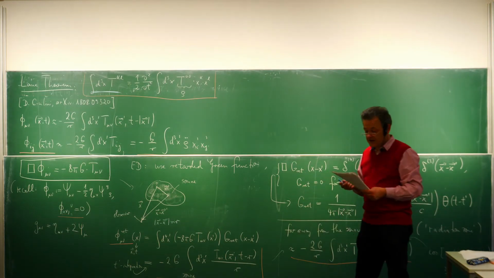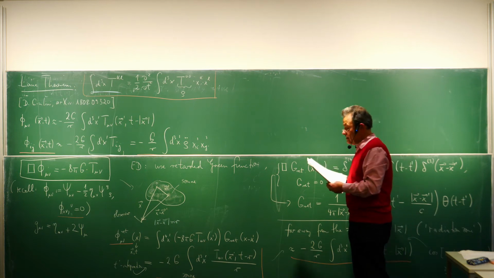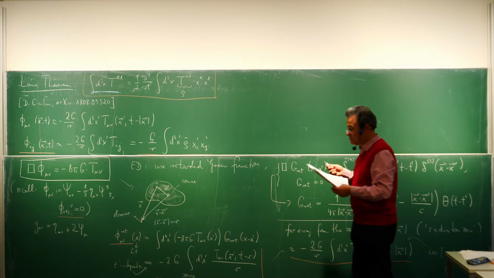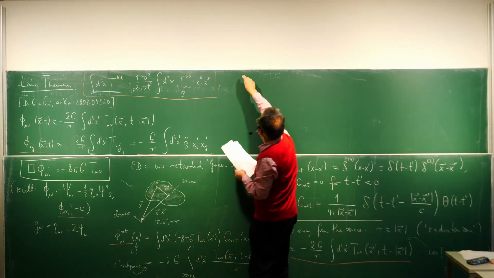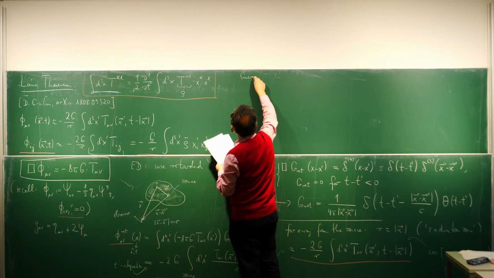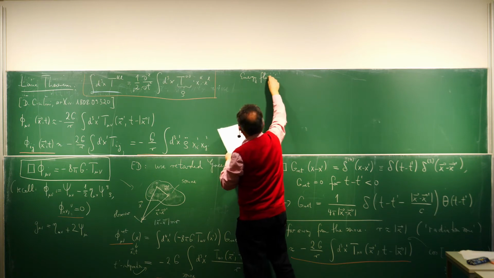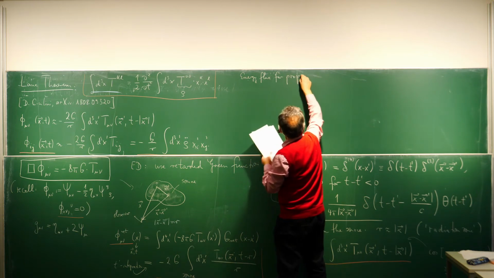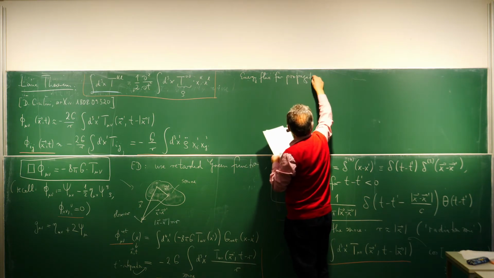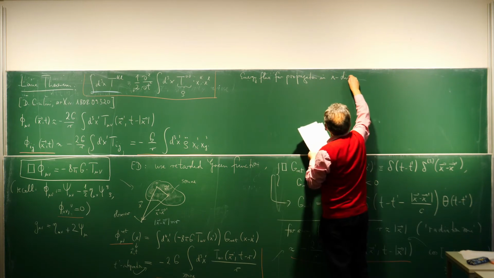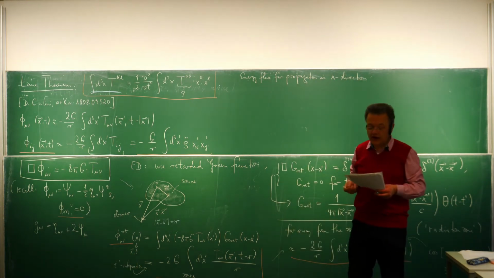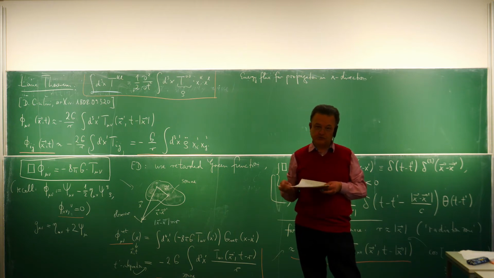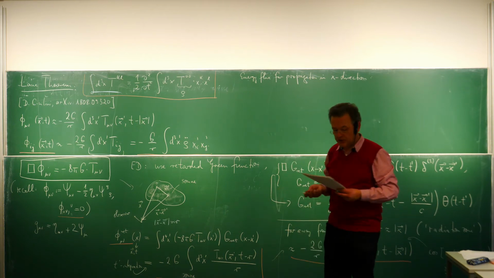Now next we calculate the energy flux for the propagation in x direction. Recall, as a particular example, I chose the x direction, so I have the energy flux for propagation in x direction, assuming that far away from the source, we can assume that the wave has the form of a plane wave, which is a good approximation.